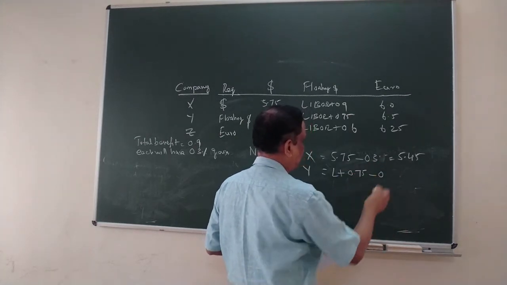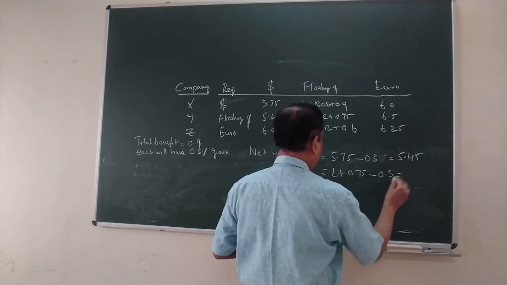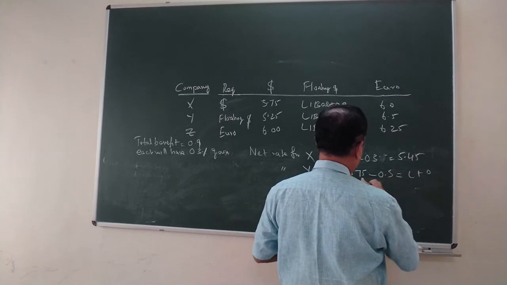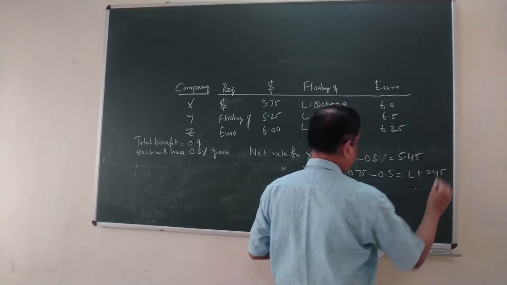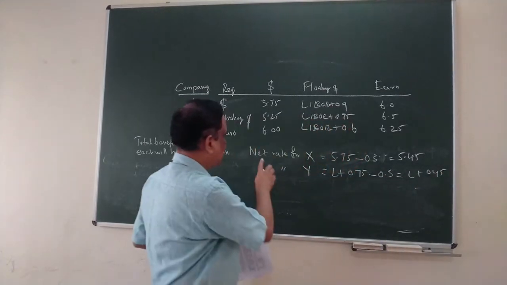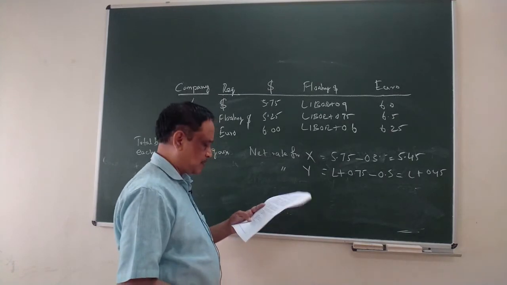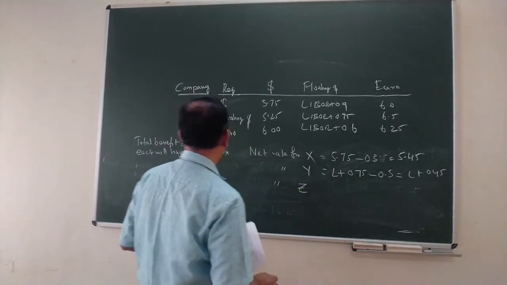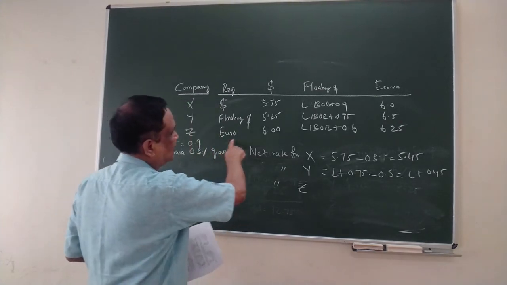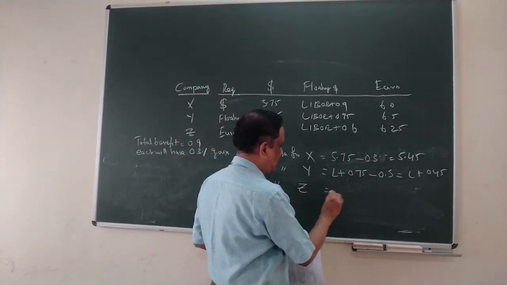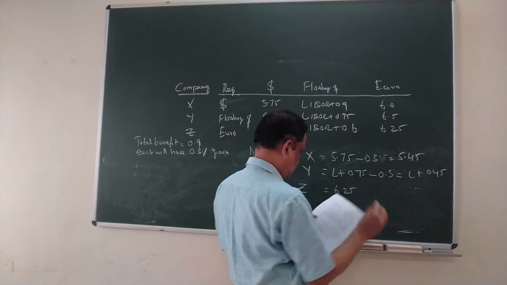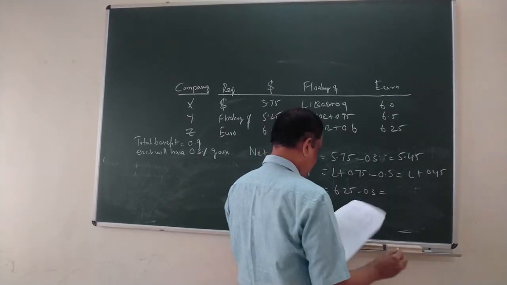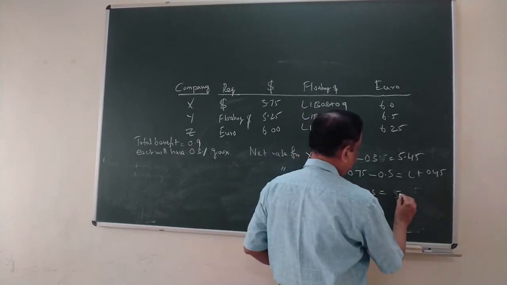Subtract 0.3, this will be LIBOR plus 0.45. And the net rate for Z: they need euro, the euro rate is 6.25, 6.25 minus 0.3, this will be 5.95.